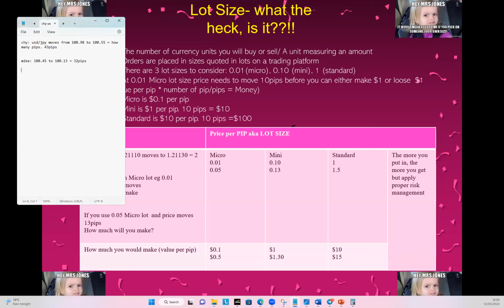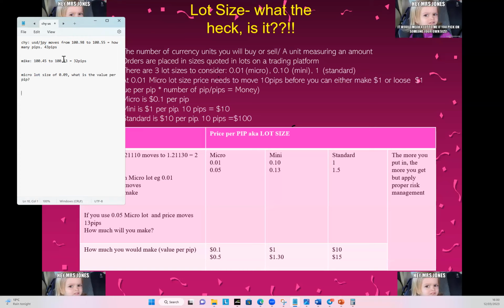32 pips. All right. So Bemi is using a micro lot size of 0.09. Okay. What is the value per pip?